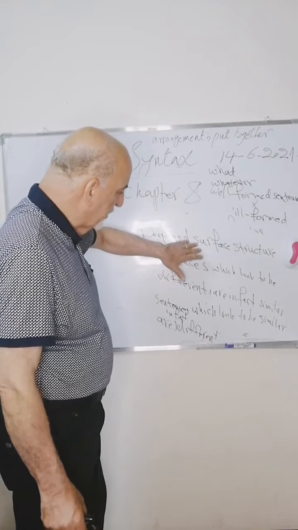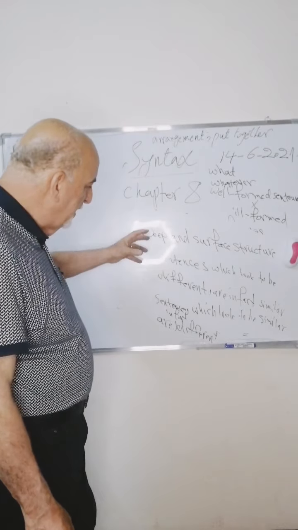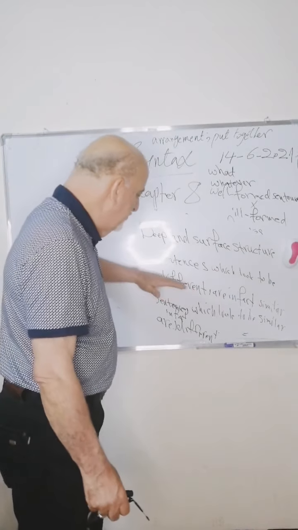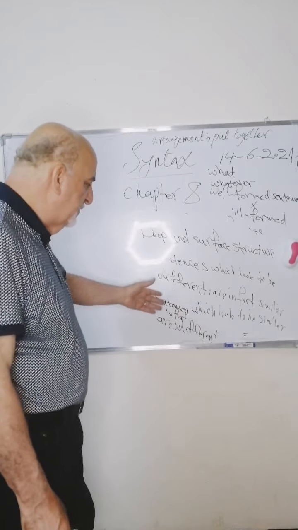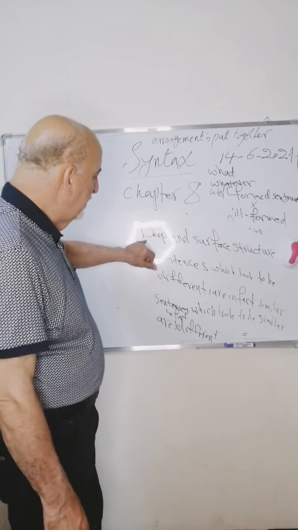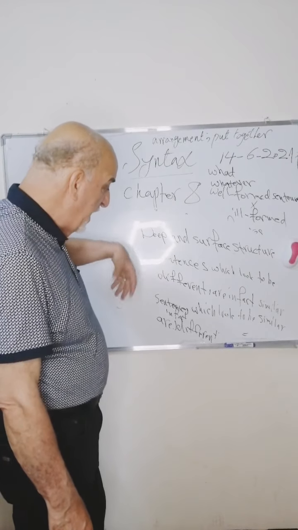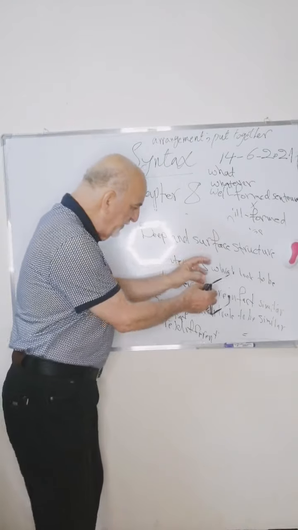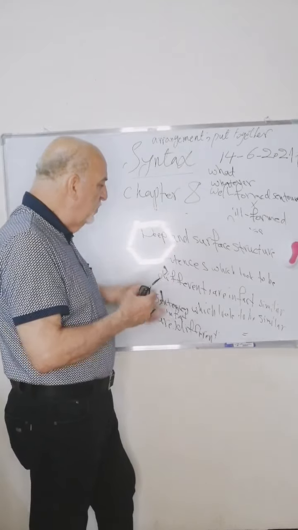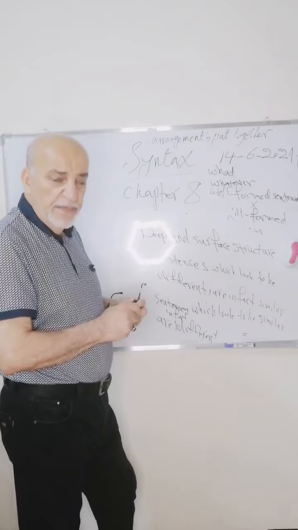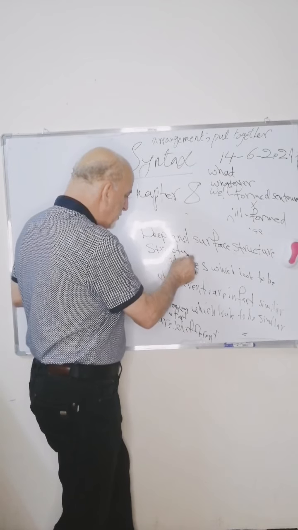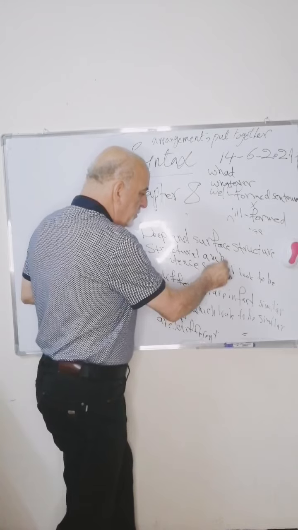Almost they are related to this: sentences which look to be different are in fact similar, sentences which look to be similar are in fact different. We can explain this through deep and surface structure and through another point called structural ambiguity.